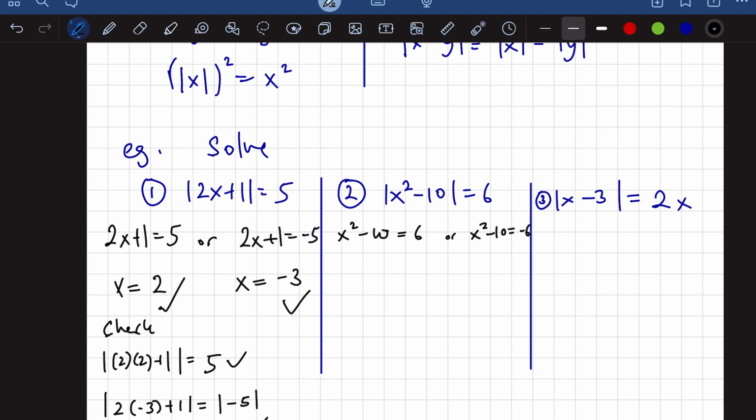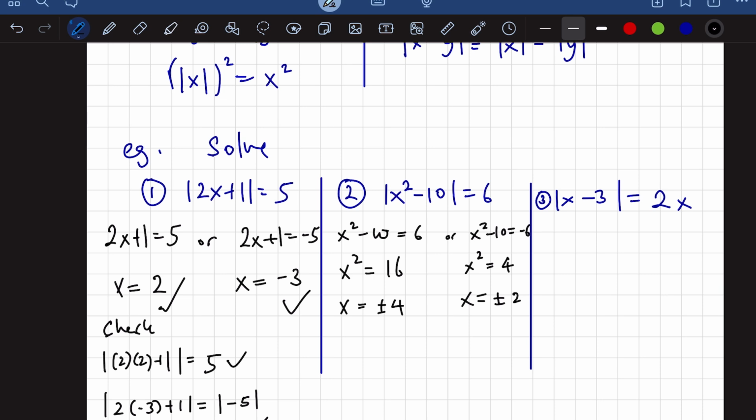From here we solve. So x squared equals 16, and x could be both positive and negative 4. Next one, x squared equals, bringing over 10, 4, so x equals plus minus 2.